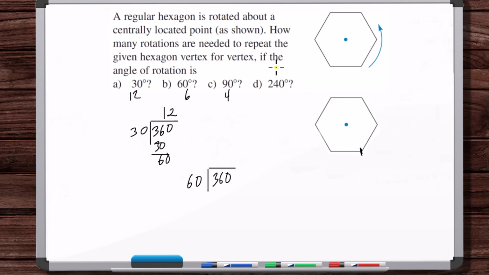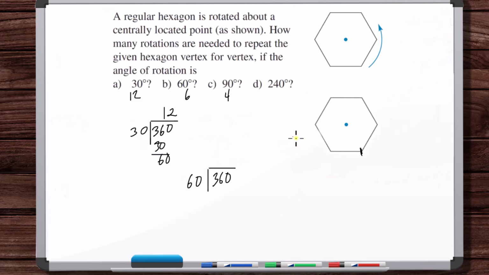How many 240 degree rotations do we apply until we get to some integer multiple of 360? That's the idea, right? Because you'll repeat this figure vertex for vertex if you rotate it 360 degrees, 720 degrees, any integer multiple of 360.